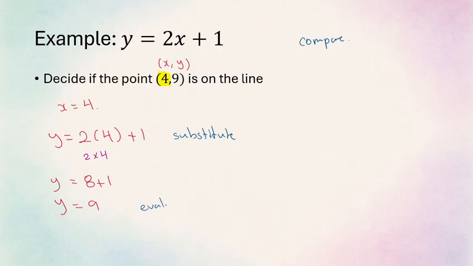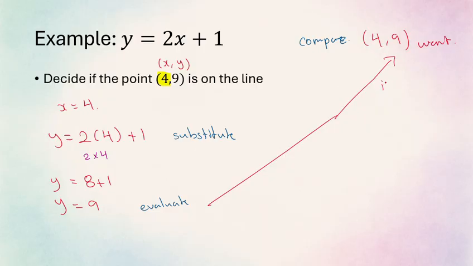This is your evaluating stage. Compare. So we have 4, 9. That's what we want. And then we just check compared to our answer. Is it the same?